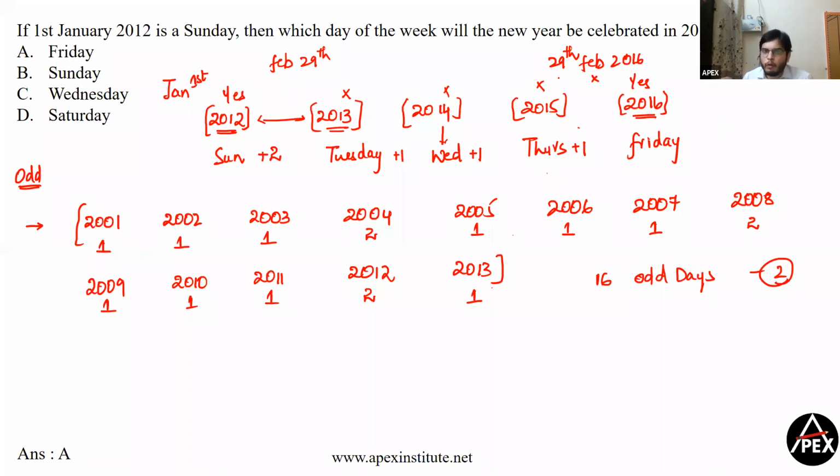Now, if I say from 2001 to 2085, how many of you determine like this? From 2001 to 2013 is only 13 years. So okay, it's easy. What if I say from 2001 to 2085? Then how will you do that?